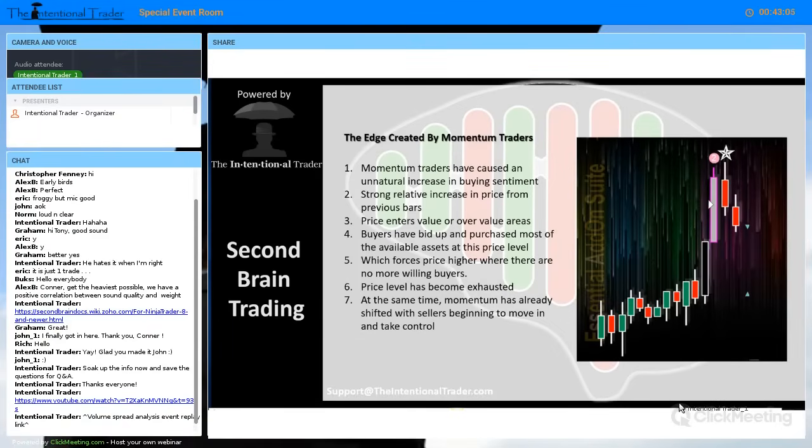Now, the important thing is that the move is not predefined. It's all relative to what's been going on in the past. Okay? So it's not like I need X amount or X percentage. It's going to be relative to what's been going on previously.